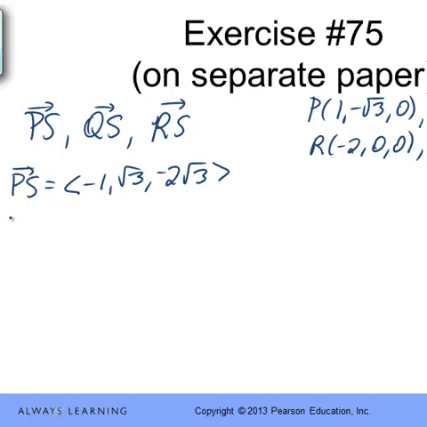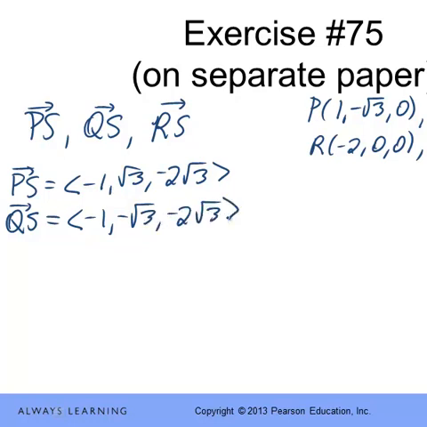Vector QS is components negative 1, negative root 3, and negative 2 root 3. And the vector RS is 2, 0, negative 2 root 3.